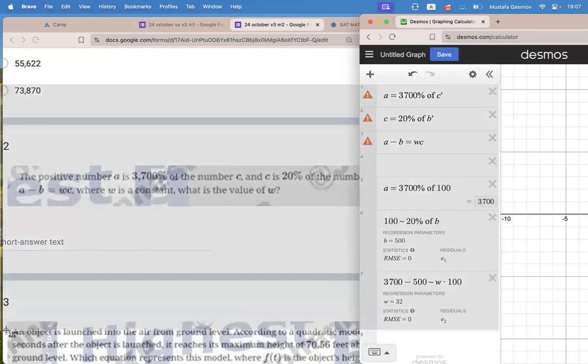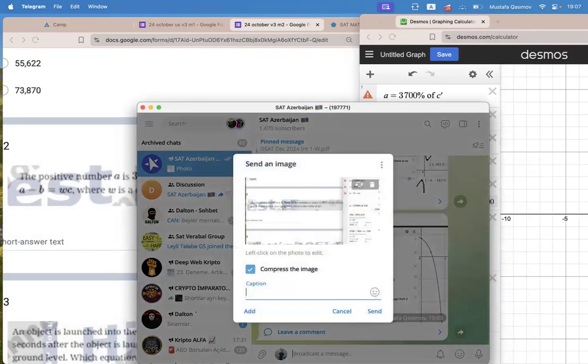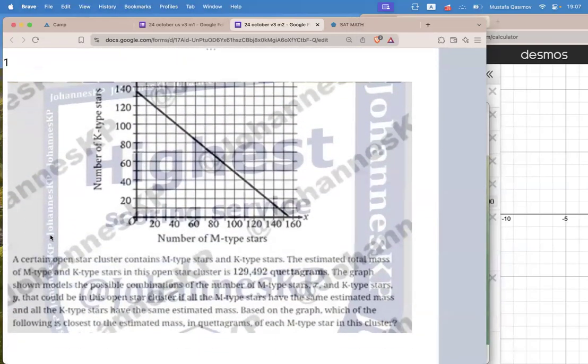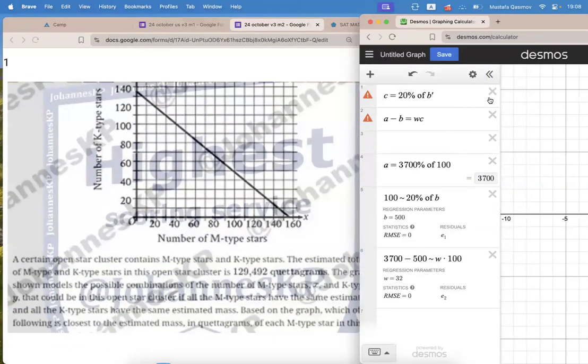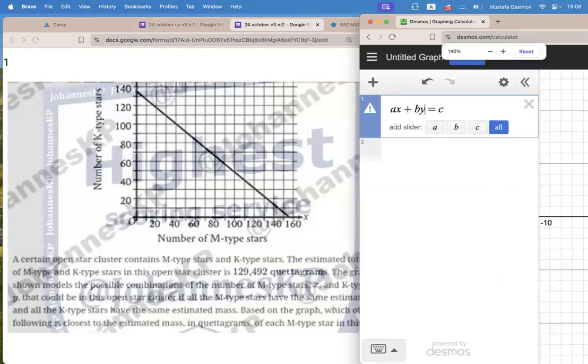Okay. This one, we say that when you have a decreasing line, you must use that one, ax plus b, y is equal to c, and c is the total value. Because c is the total value, you must write 129,492 instead of c.